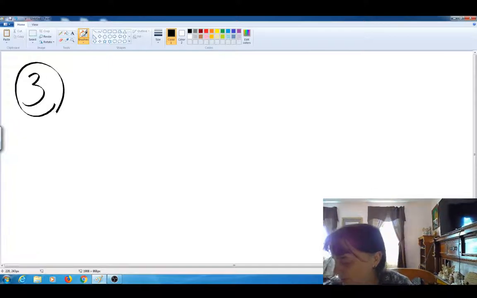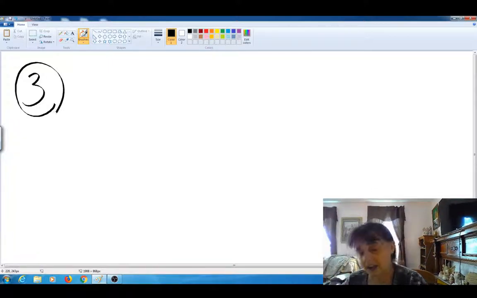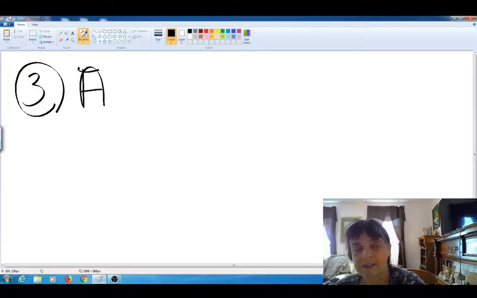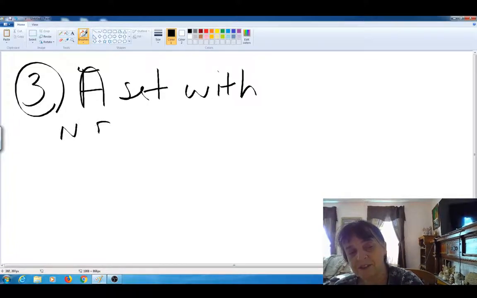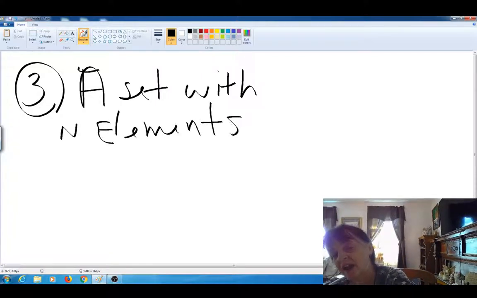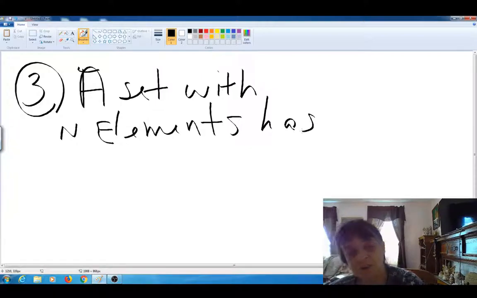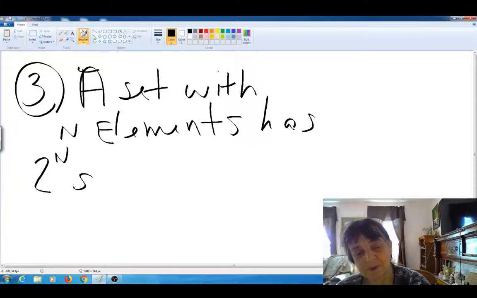Okay, that has 1, 2, 3, 4, 5, 6, 7, 8 elements. So there's a rule that says a set with n elements has 2 to the n subsets.